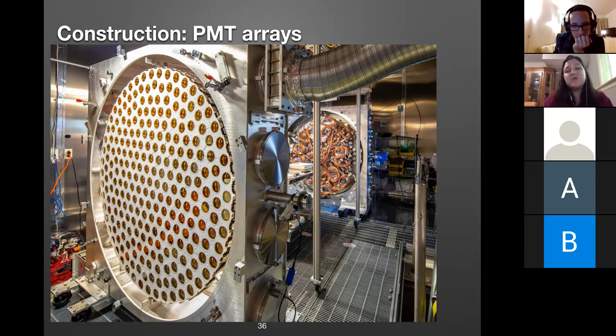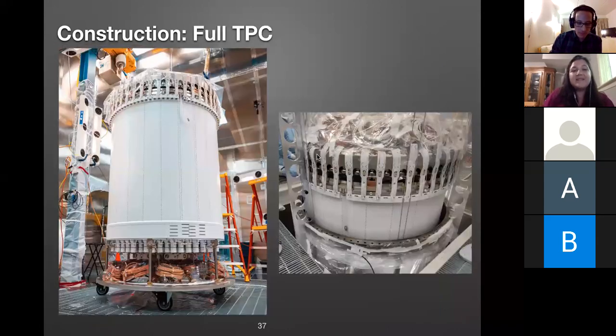It has to be super low radioactivity, very light mass cabling. So we have to strap it on until we can string it through later. This is that whole time projection chamber. Remember, it's about 1.5 meters tall, 1.5 meters wide. At the very top, we have photomultiplier tubes looking around the edge of the skin, and so we have to bring their cables up and around. That's on the right-hand side.